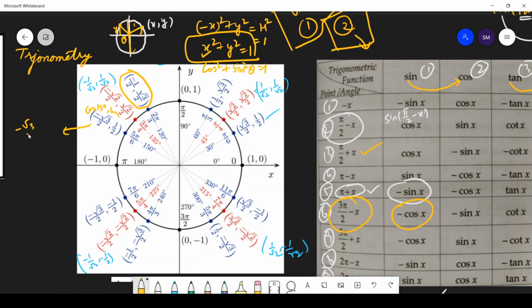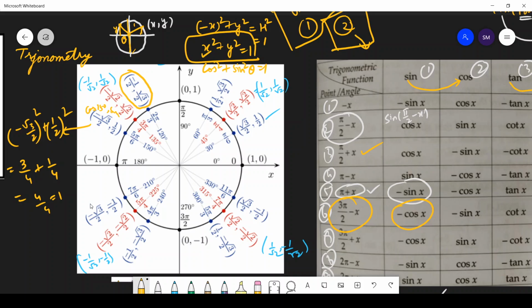So minus root 3 by 2 square plus 1 by 2 square. Minus root 3 by 2 square will be 3 by 4, plus 1 by 4, so you will get 1.